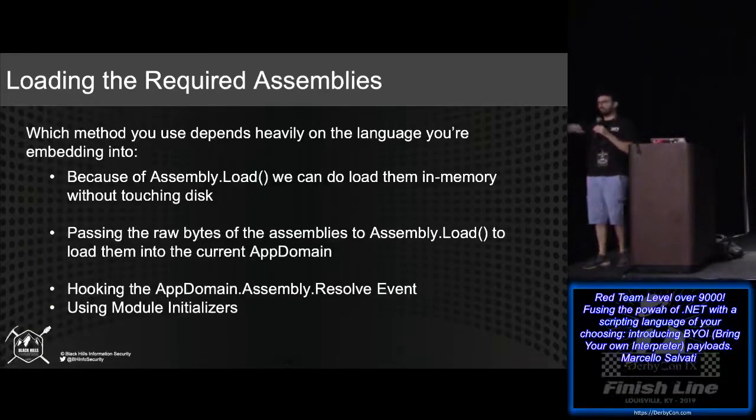So you can put any logic of yours in that event, and now when you execute your C# payload and C# tries to resolve those assemblies, it'll just execute your logic. You can say, hey, if you don't find these DLLs on disk or in your current directory, go download them from the internet, from my server, for example, right? So it's a really powerful feature.